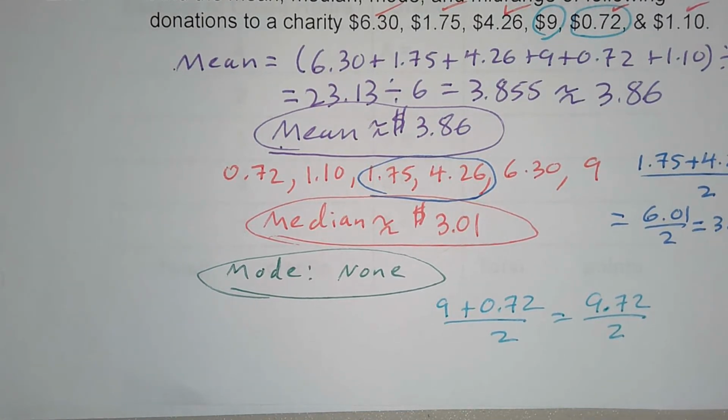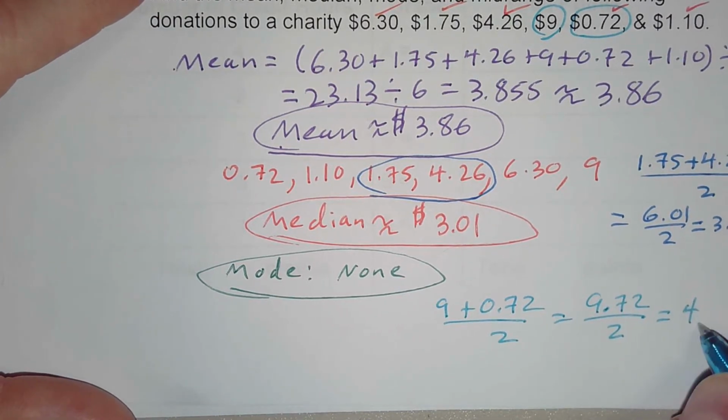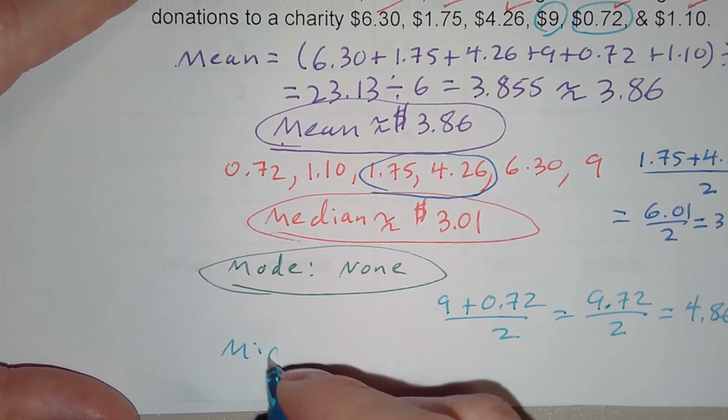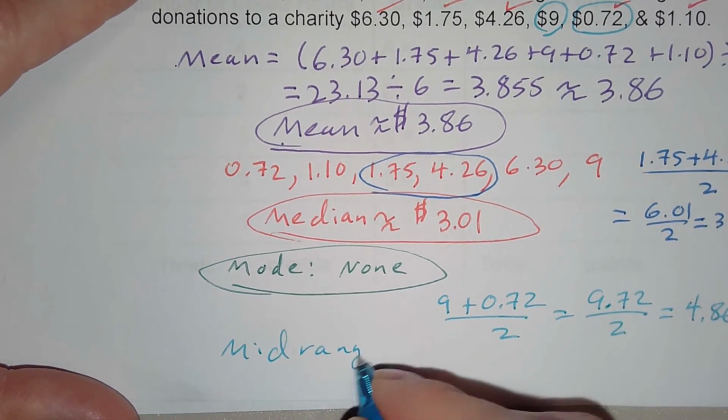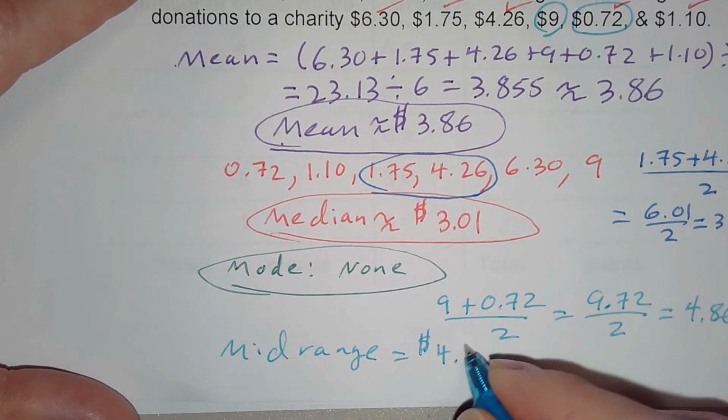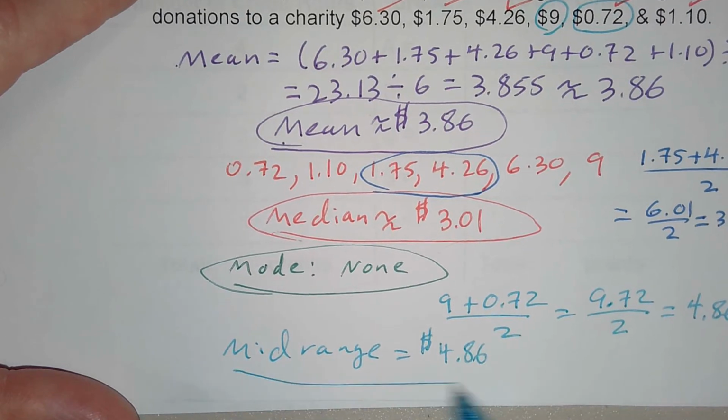And if you do that division on your calculator, that should give you 4.86. So our mid-range is $4.86.